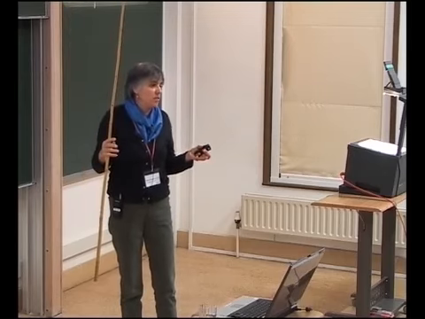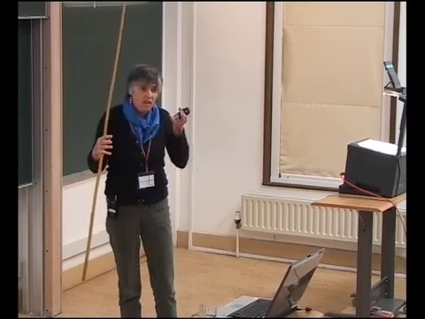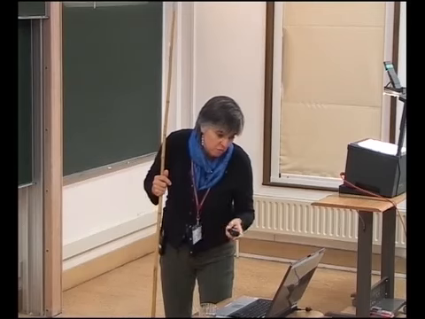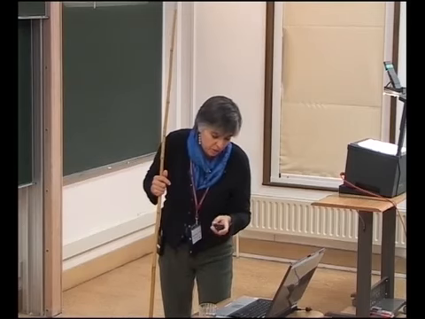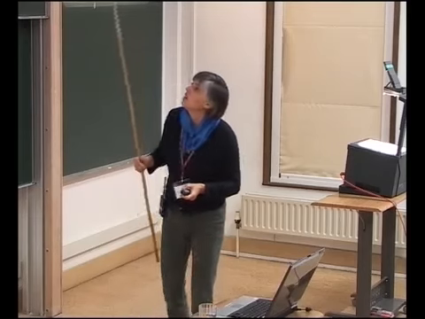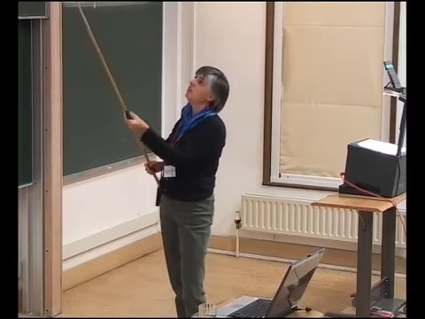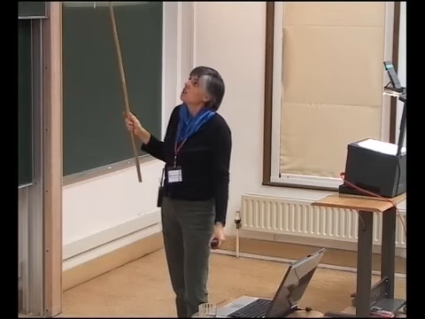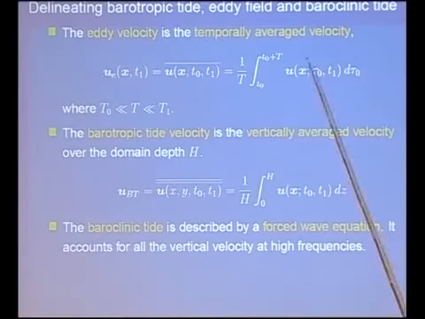In this formulation, the barotropic tide will come in at lowest order, as will the eddy field. The internal tide will come in at order epsilon, and if there is a resonance, then in time that baroclinic tide, that internal tide, can become order 1.